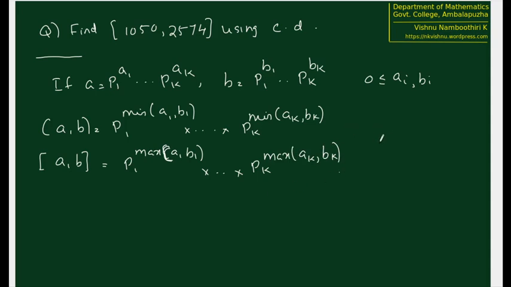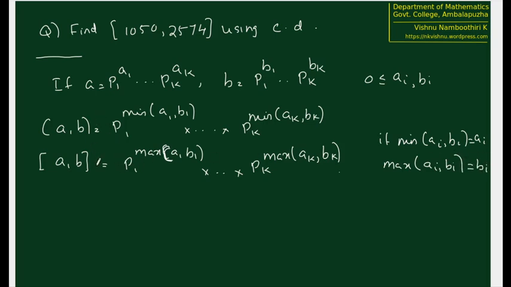Now observe that if the minimum of ai, bi is equal to ai, suppose, then what about the maximum? If two numbers are given and one of them is the minimum, then the other is naturally the maximum. The maximum of ai, bi is going to be equal to bi.